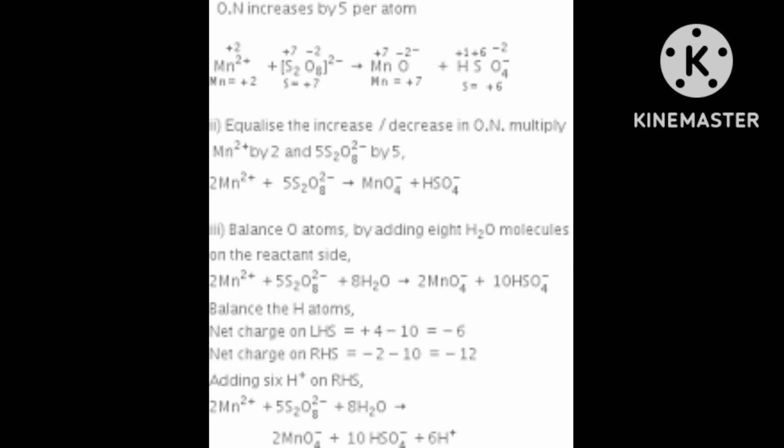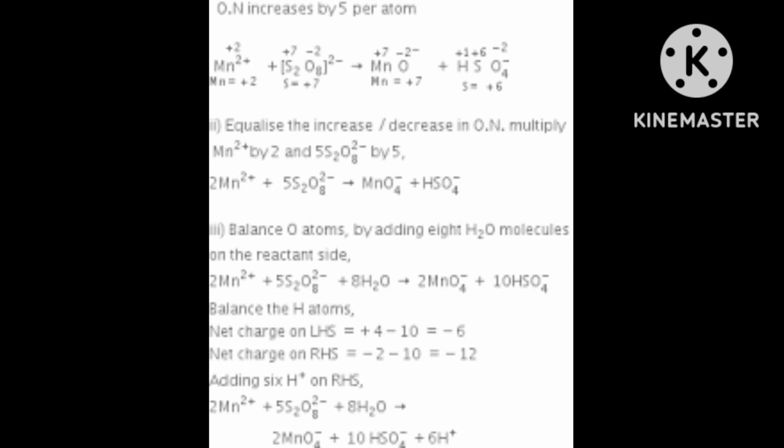In the next step you can see, as the reaction occurs in basic medium and the ionic charges are not equal on both sides, what will you do? How much difference is coming? Here you will find that there is a difference, the charge is not balanced, then you have to add 2 OH, because the reaction is in basic medium.